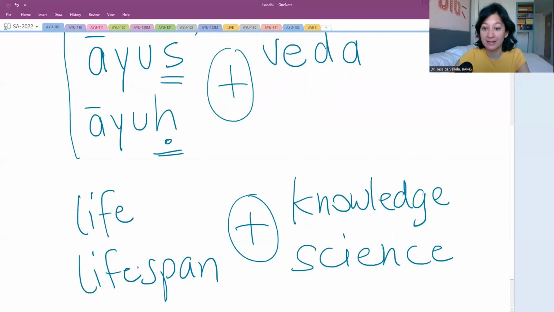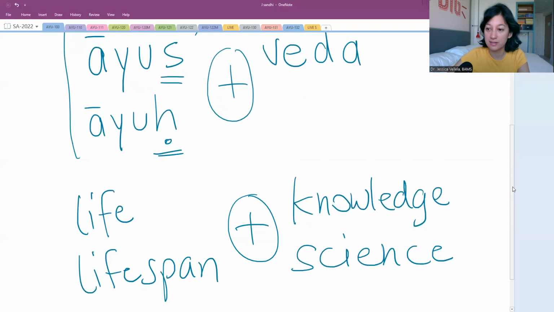So what Ayurveda gives us is this body of practical knowledge generated via foundational principles that essentially allow us to understand how life functions in the environment, in the world that we live in.